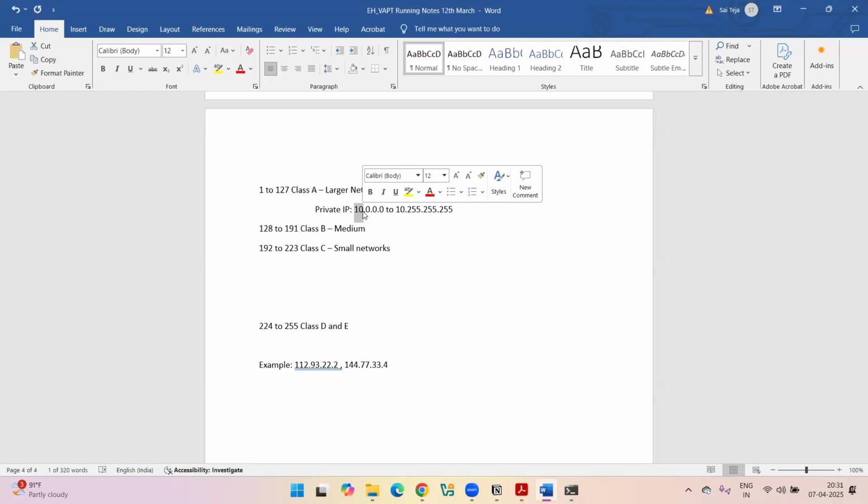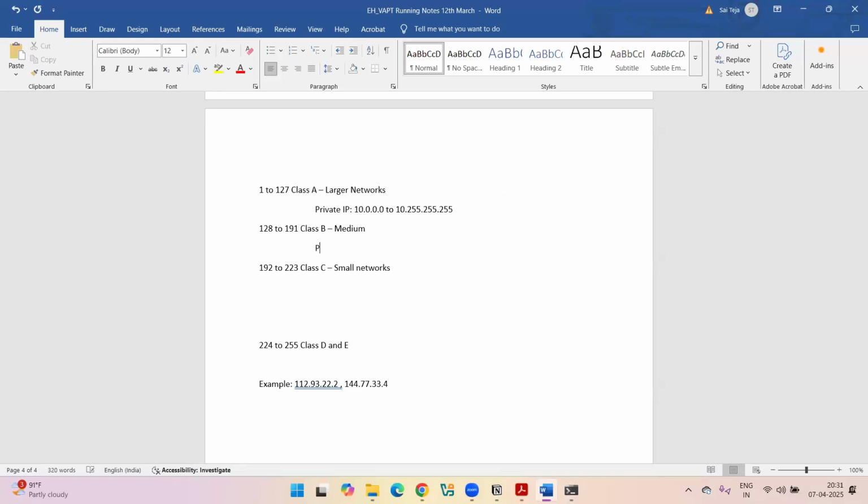So let's learn about the private IP addresses of class B: 172.16.0.0 to 172.31.255.255. Is there any specific reason why they have given this particular range to private?